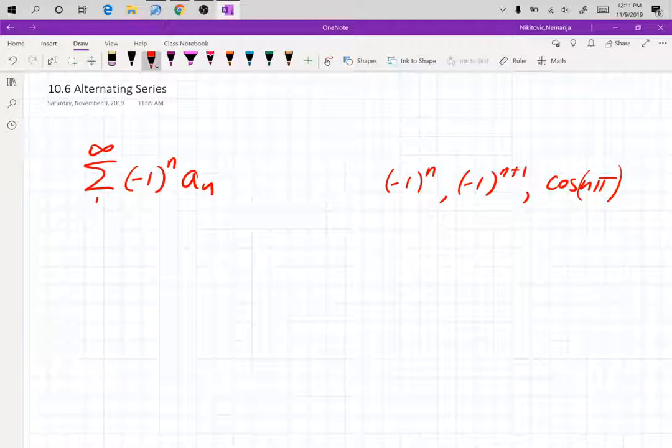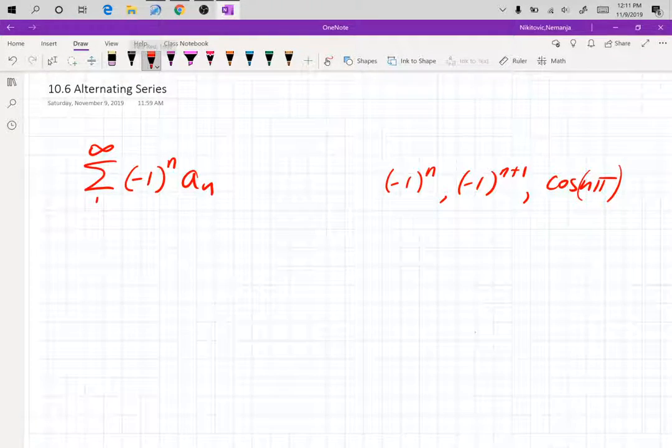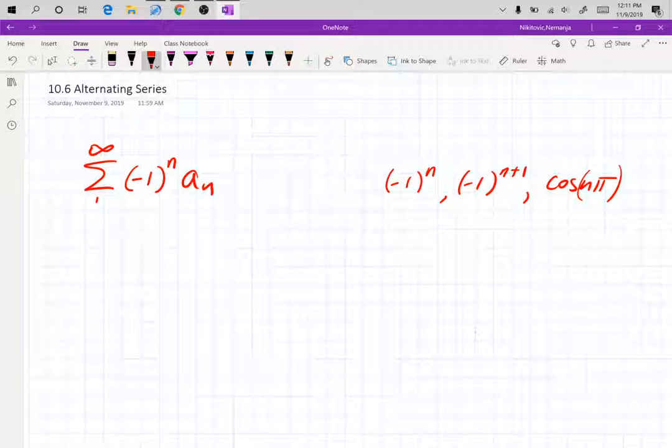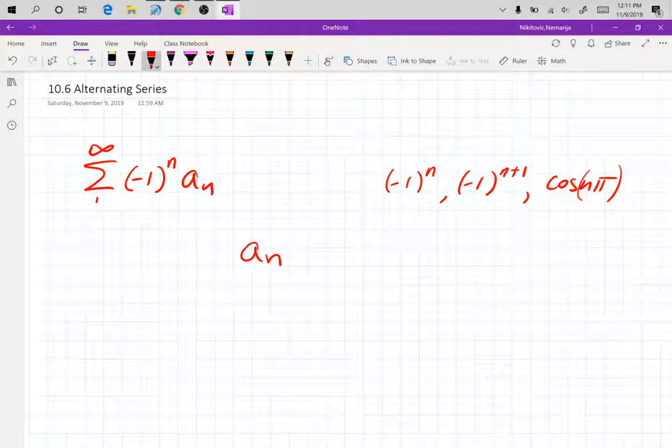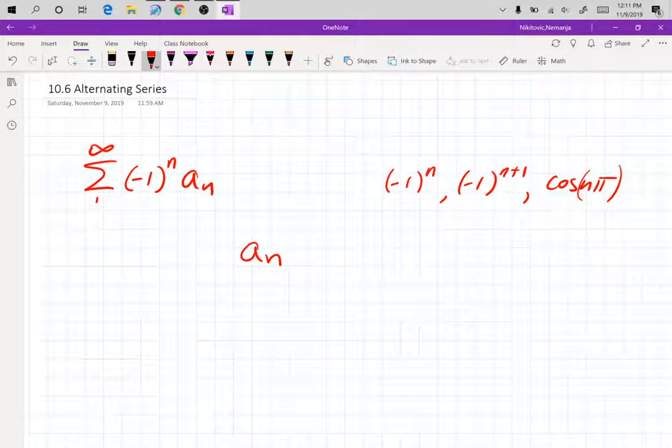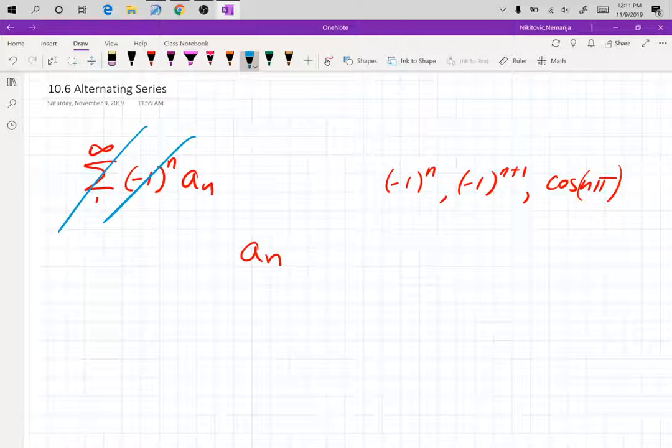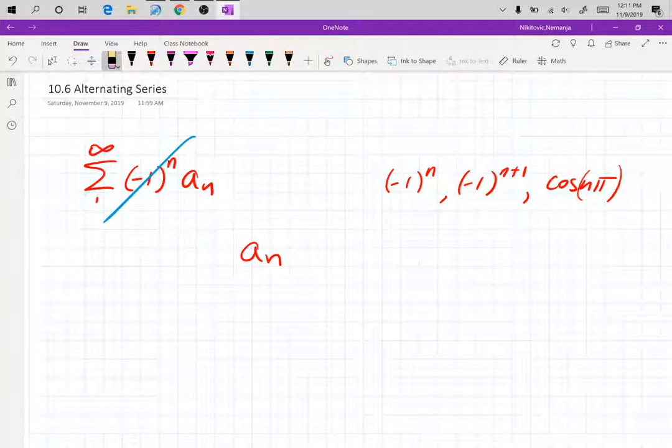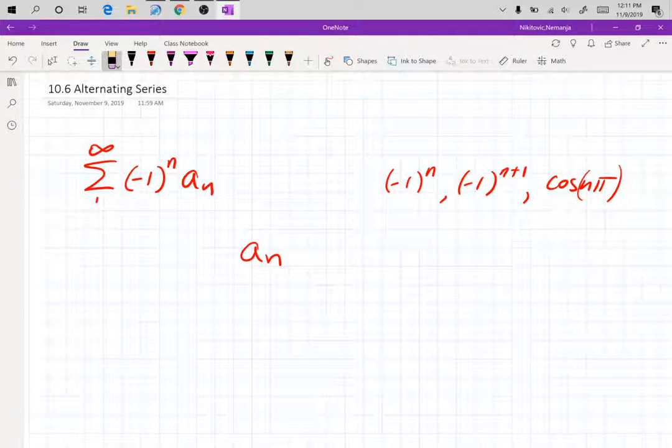Now, how do we work out convergence or divergence? Well, it works like this. First, you look at just the sequence a_n. So you bury these two things, and you are only looking at the sequence. Now, what do you want to know about that sequence?